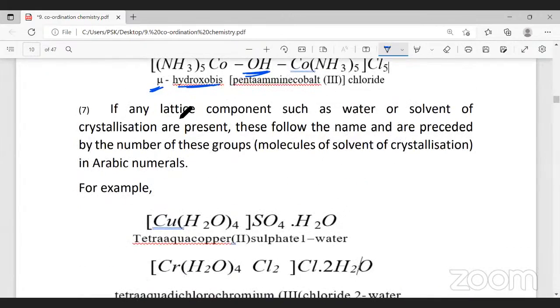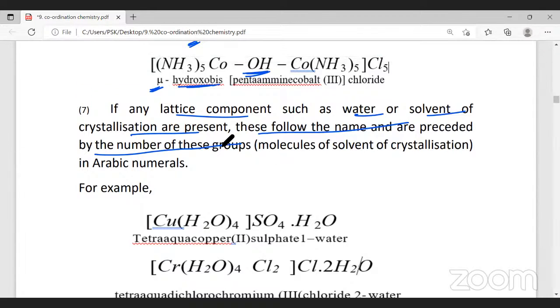Now, if any lattice component, such as water of crystallization or solvent, is present, these follow the name and are preceded by the number of these groups. What does that mean? Lattice components such as water, water of hydration. This is the complex.